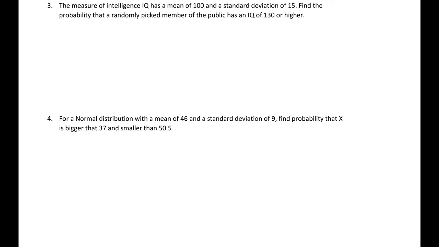Now I'm going to call this distribution X. So X is modelled as a normal distribution with 100, 15 squared. Okay, and we're wanting the probability that X is greater than or equal to 130. Now here I want to remind you that greater than or equal to 130 is exactly the same as it being just bigger than 130.